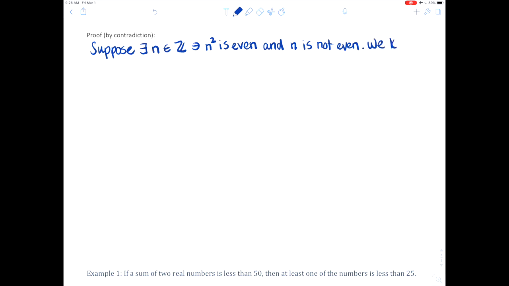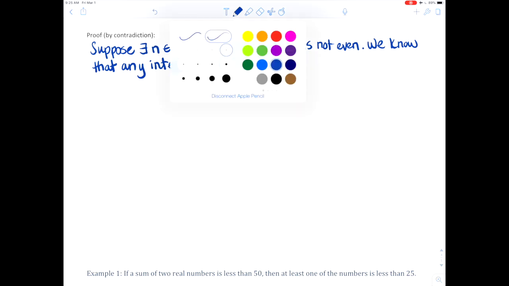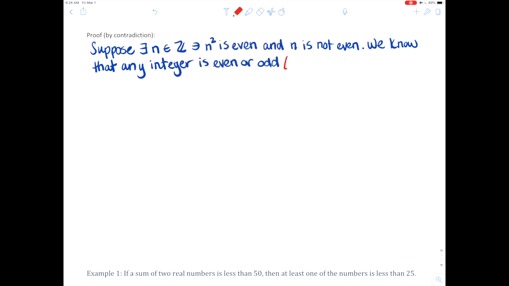We know that any integer must be even or odd, okay? And what is that by? That's by the quotient remainder theorem. I'll just say Q-R theorem with D equal to 2.